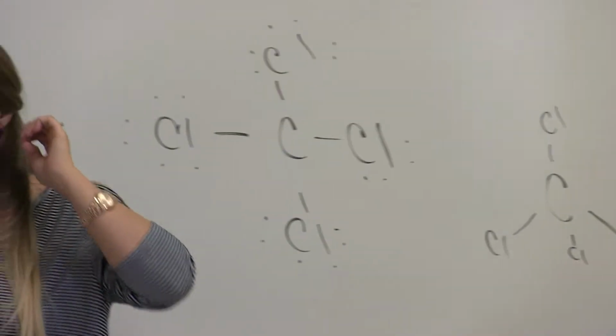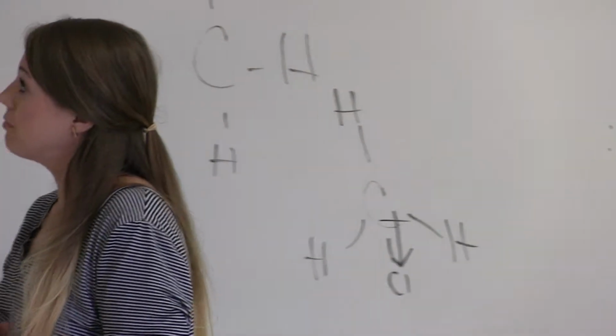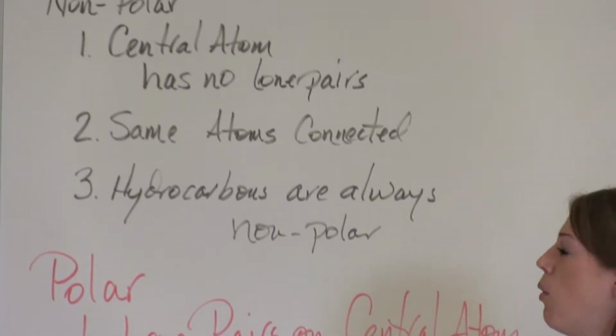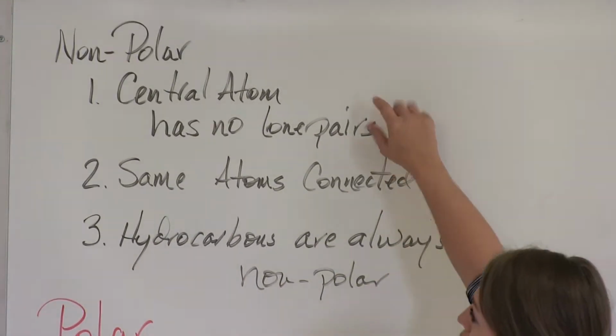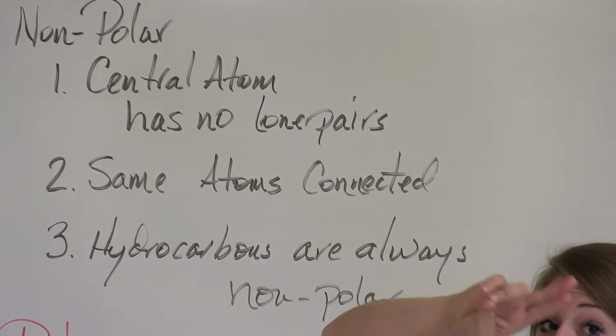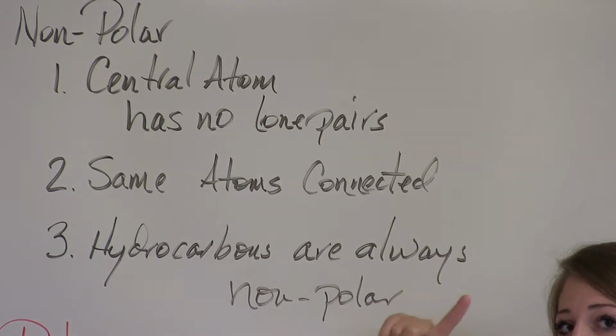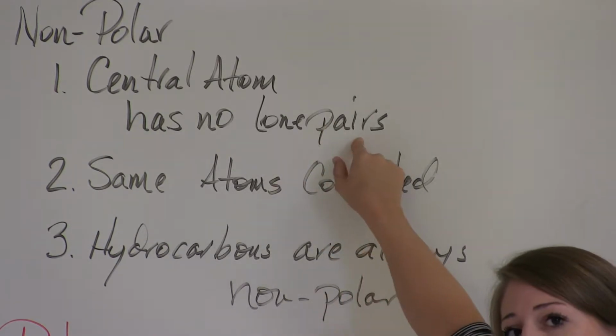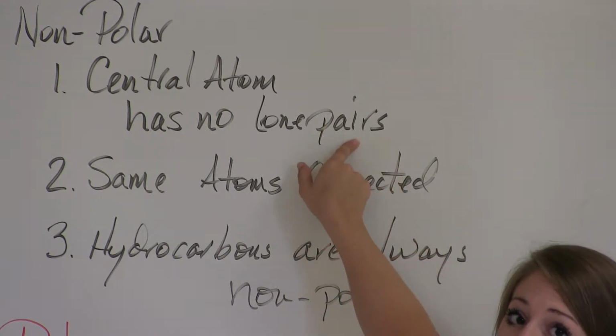Now, some simple rules to go over to figure out whether a molecule is going to be nonpolar or polar. For nonpolar, there are two conditions that must be true. The first thing is your central atom must have no lone pairs. So as you see, you must draw the Lewis dot structure in order to determine polarity.